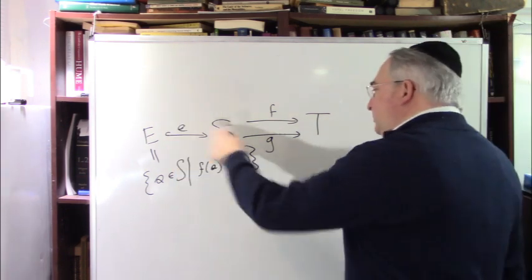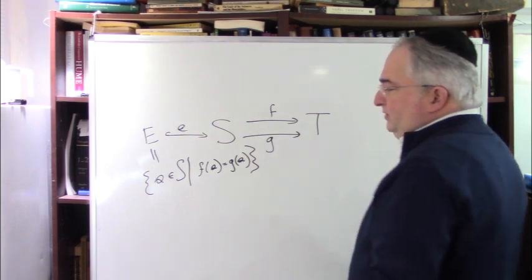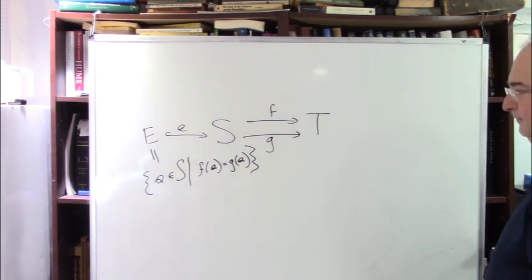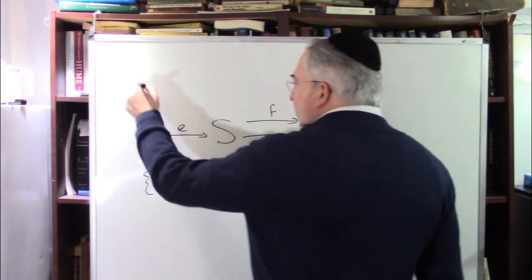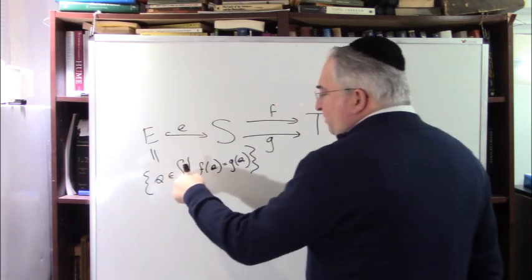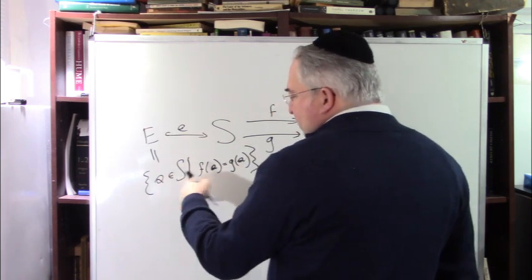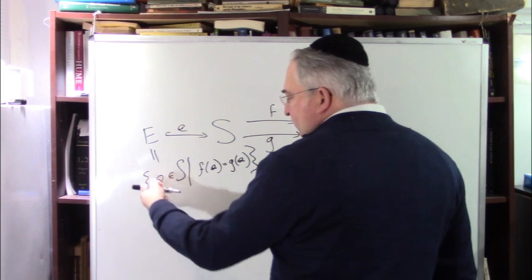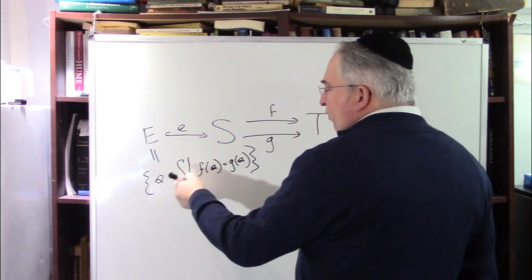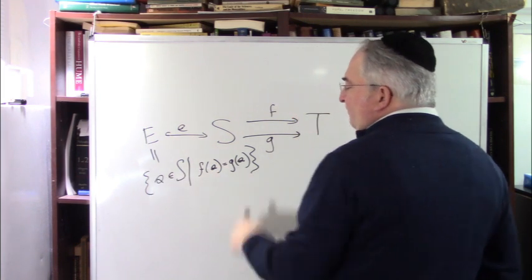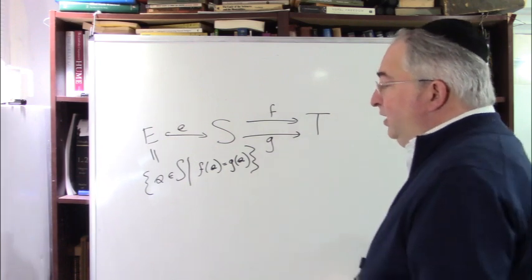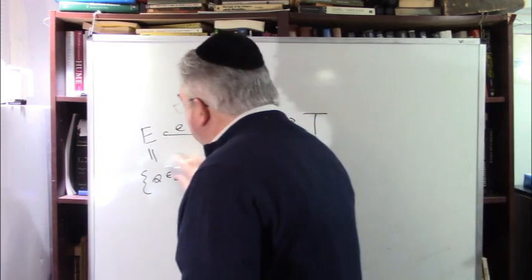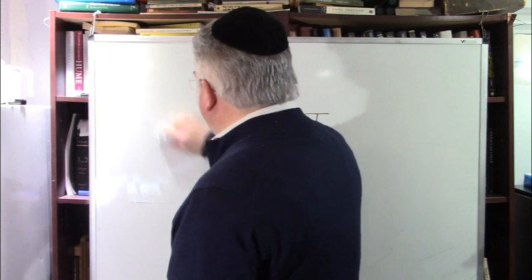Okay, so this map from here to here is the same thing. Now, again, you could have an E prime, but basically E prime will be subsets of this. You want the largest subset. You want all the s's such that f of s is equal to g of s. Okay, very nice. That's the equalizer in sets.